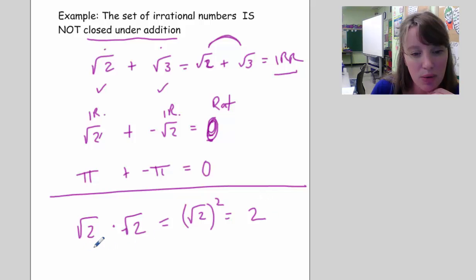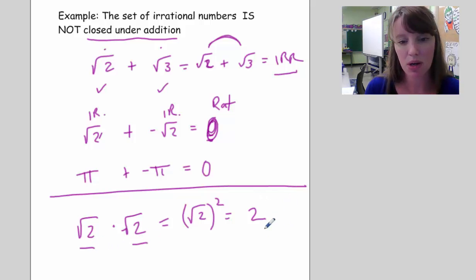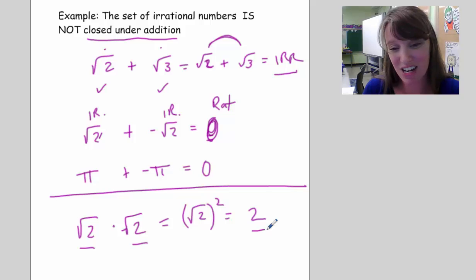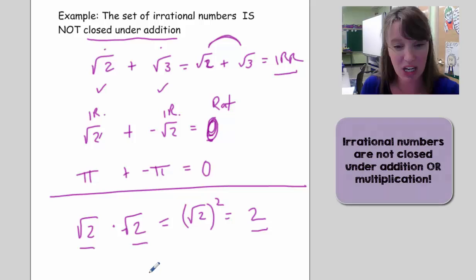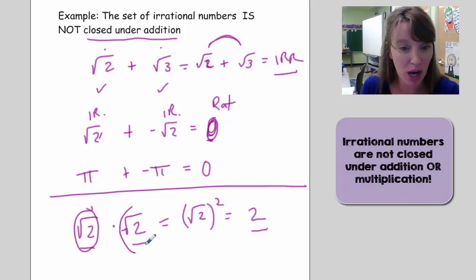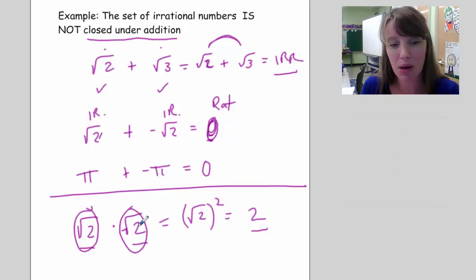Right? So an irrational number times an irrational number gets you a number that's not irrational. So the irrational numbers are not closed under multiplication either, because I can think of two numbers, they're not unique numbers, they're the same number, that when I multiply them together, I get another number that's not in the set.